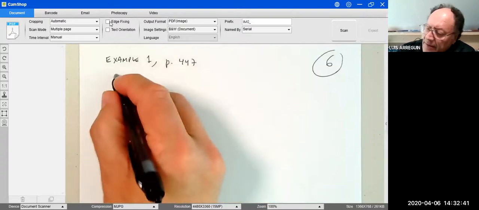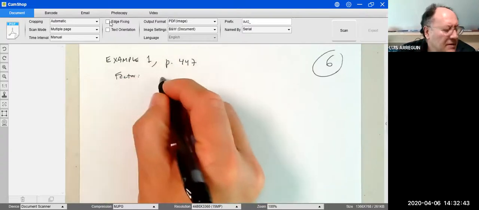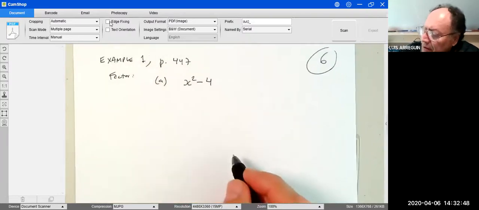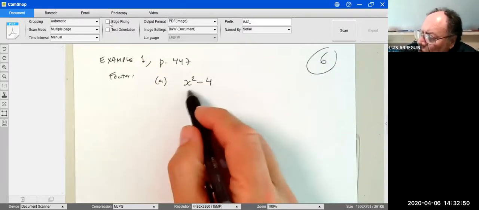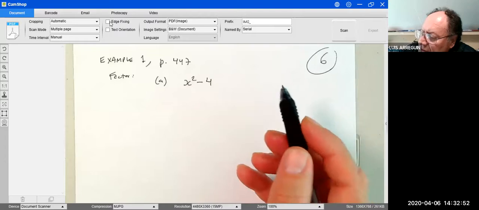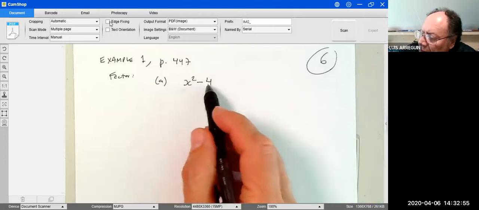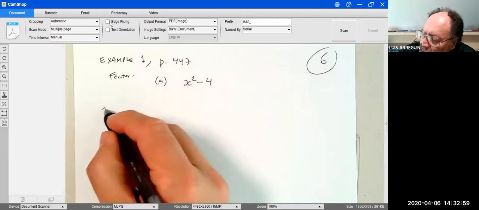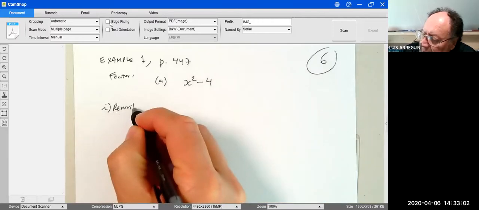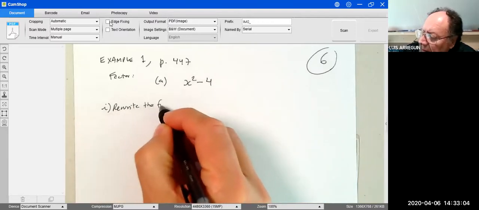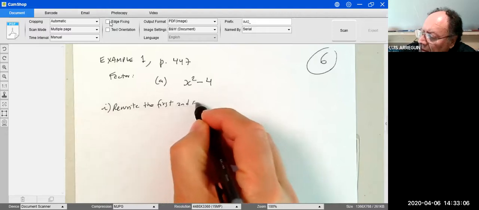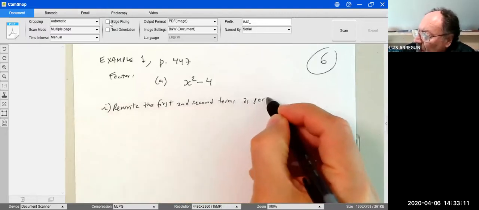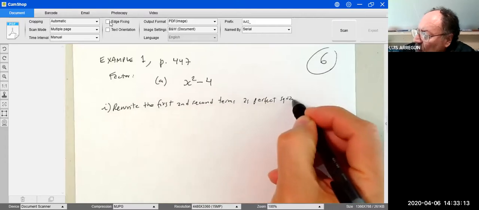In the first case, we have x squared minus 4. So this is the difference of two terms. The first thing is we need to be sure that we have two perfect squares. The best way to determine that is to rewrite the first and second terms as perfect squares.